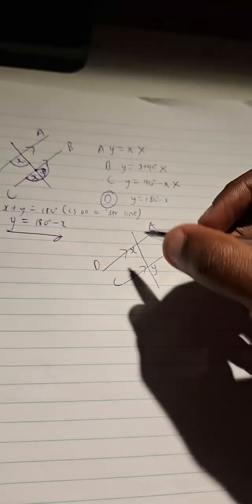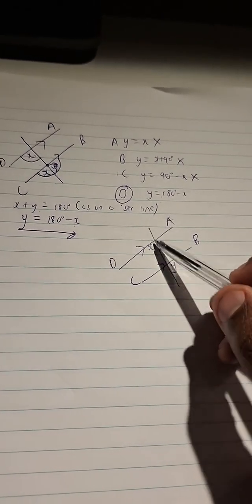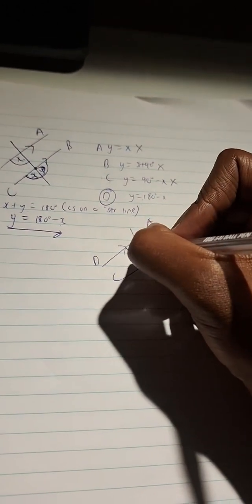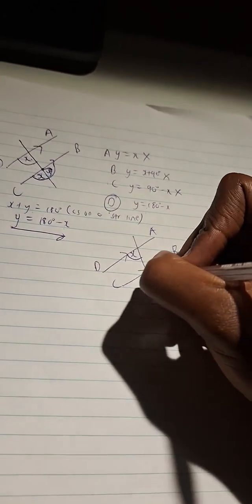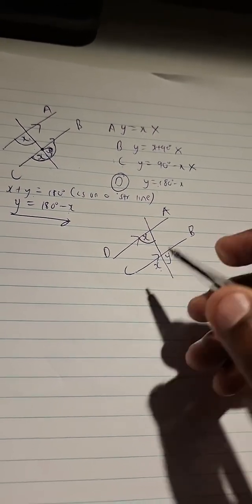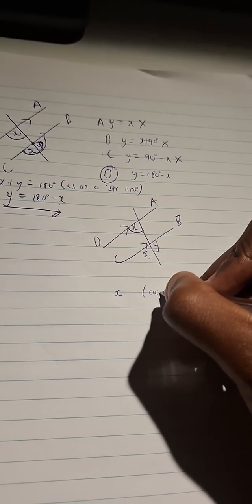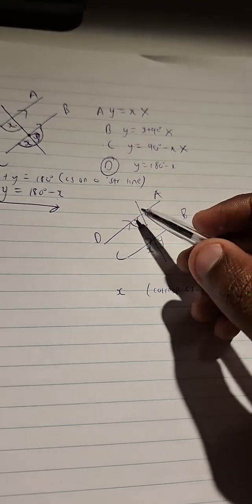So what I'm saying is, in the diagram, you are given these two lines that are parallel and this transversal line. So if this is x, I am saying to you guys that this also is x. Why am I saying this is x? That is x because I know corresponding angles, the F shape, guys.